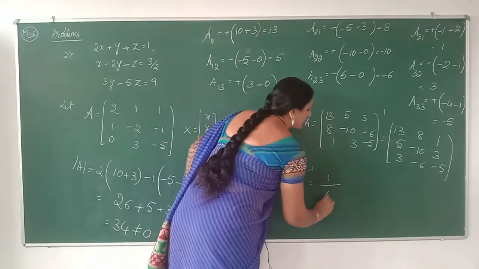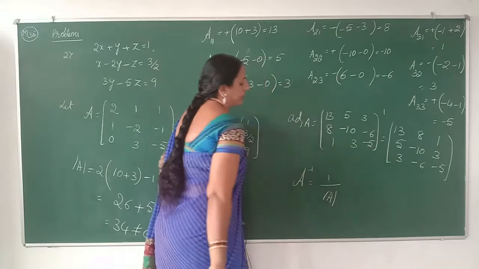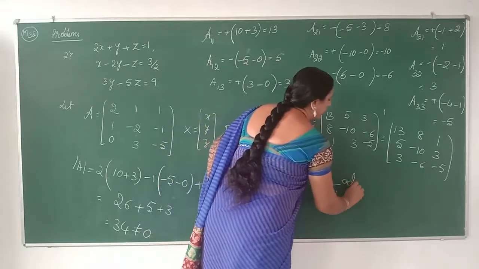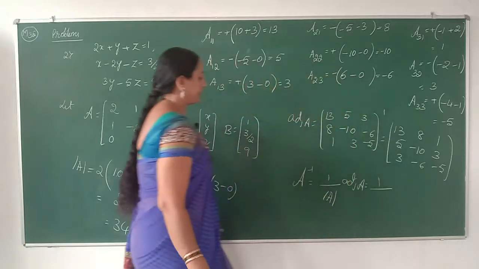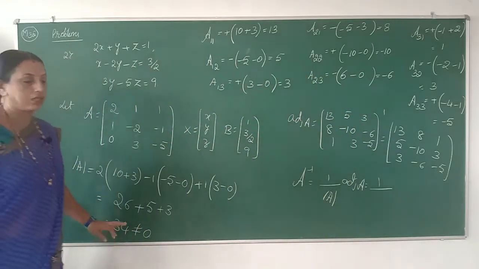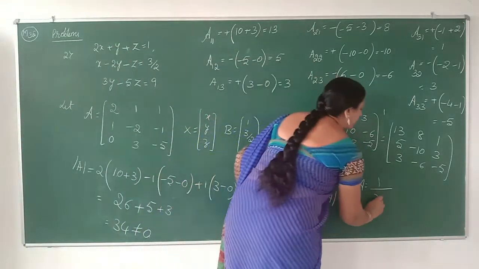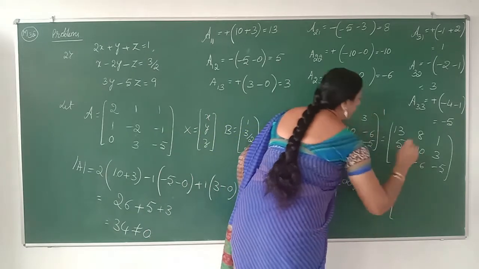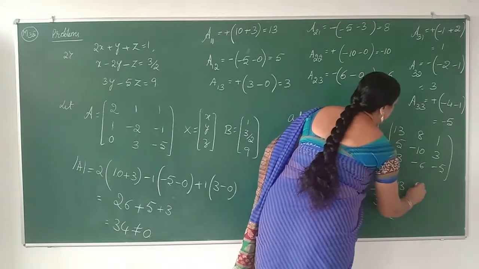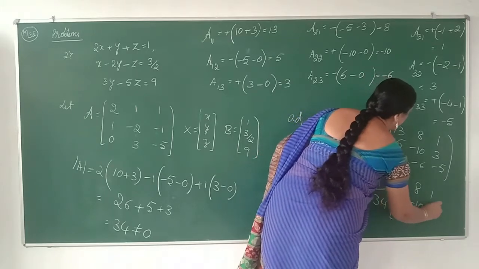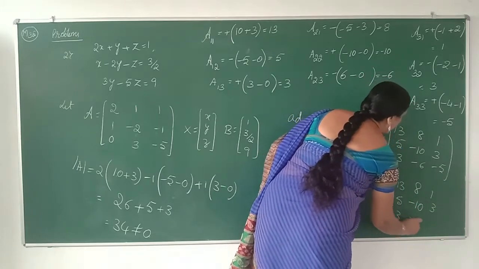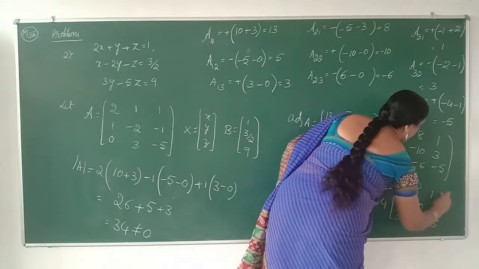Now A inverse is defined by 1 over determinant of A into adjoint of A. That is 1 divided by determinant of A, which is nothing but 34. So 1 divided by 34 into adjoint is 13, 8, 1, 5, minus 10, 3, 3, minus 6, minus 5.